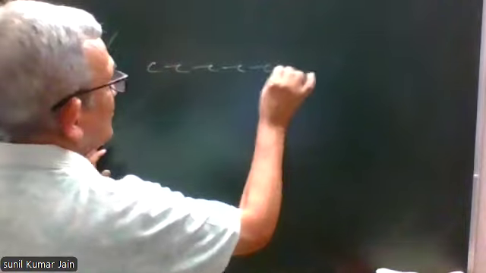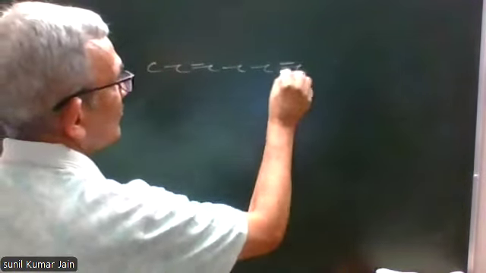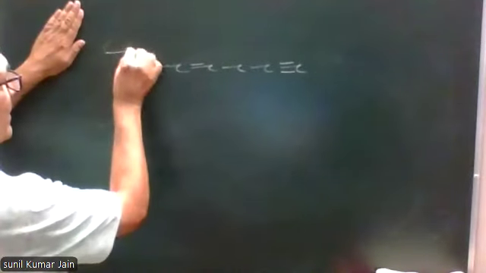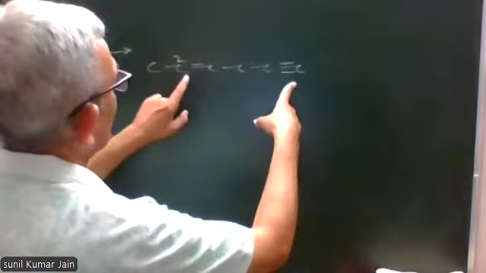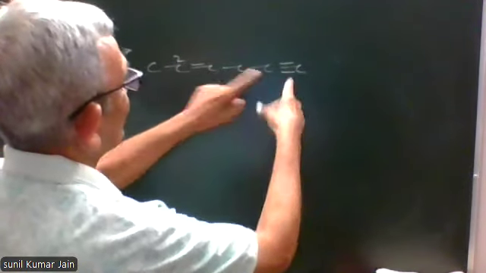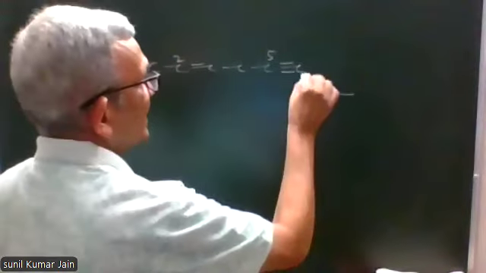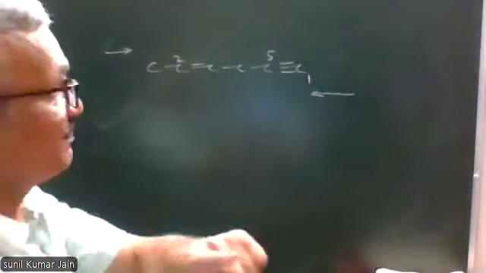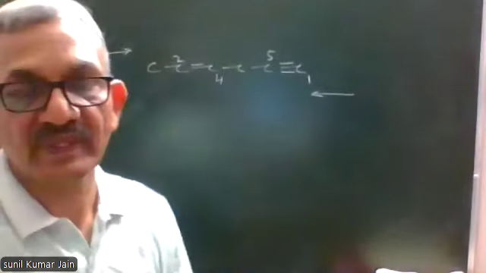Example, in this direction, double bond is at 2, triple bond is at 3, 4, 5. In the opposite direction, triple bond is at position 1 and double bond is at position 4, right?